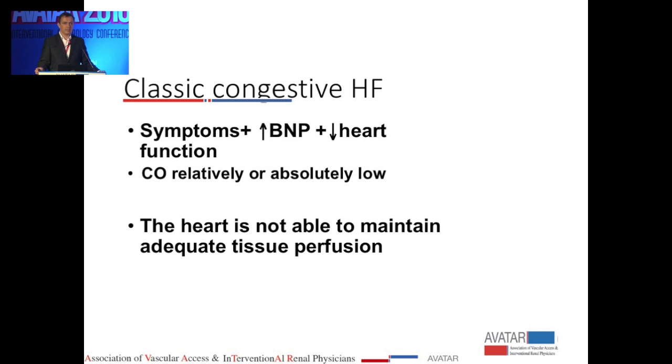In this case, we have to consider that the cardiac output we measure, for example by echocardiography, is the sum of the cardiac output used for tissue perfusion and the vascular access flow volume.